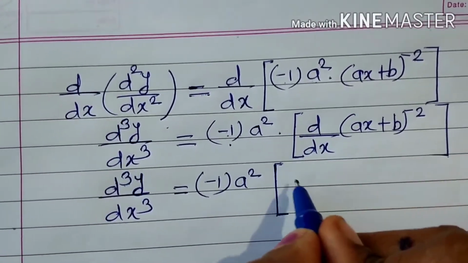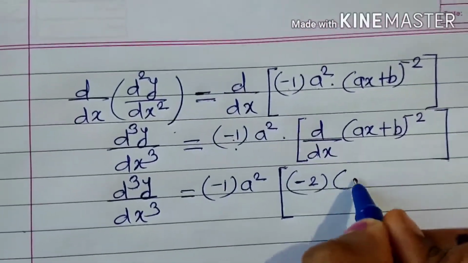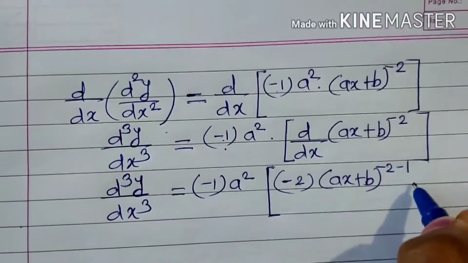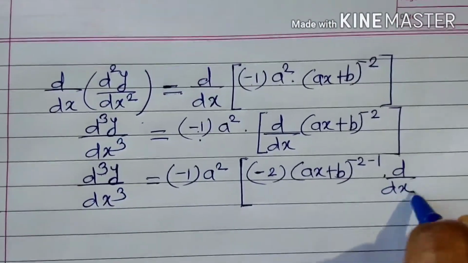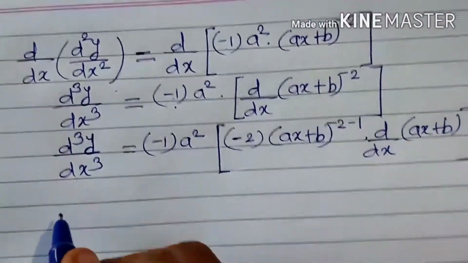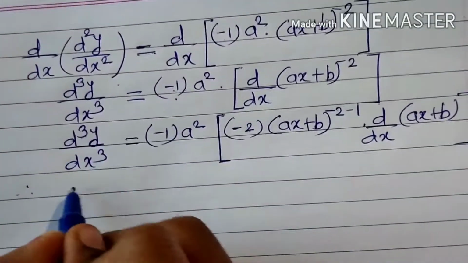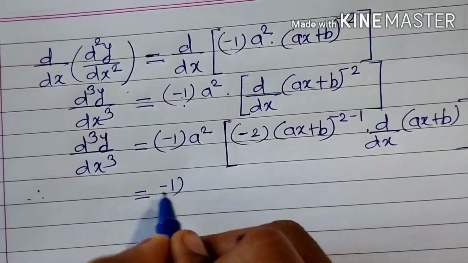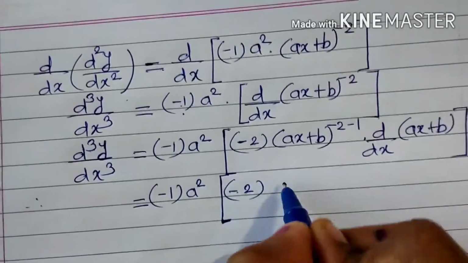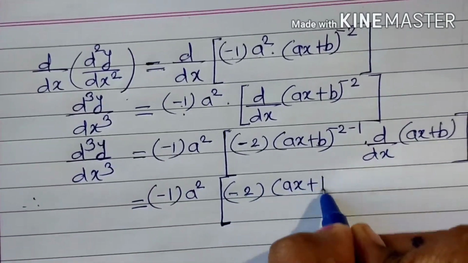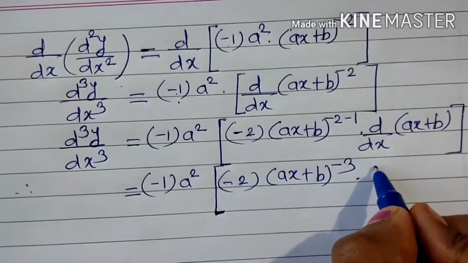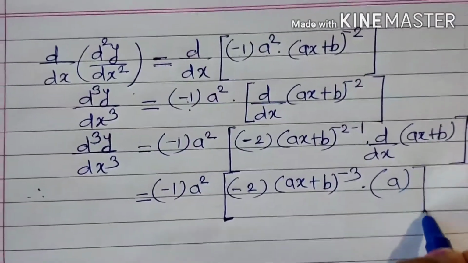Now use here minus 2 into ax plus b raised to minus 2 minus 1 into derivative of this ax plus b. So we get minus 1 a square into this minus 2 into ax plus b raised to minus 3, and derivative of ax plus b is into a.